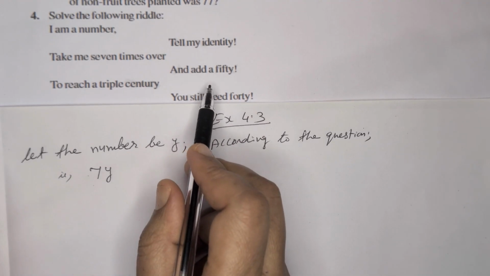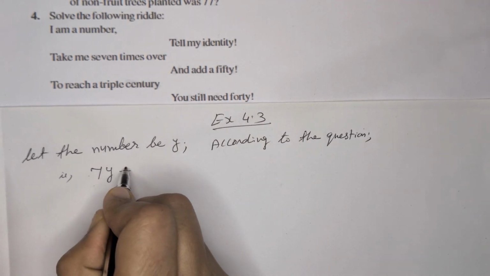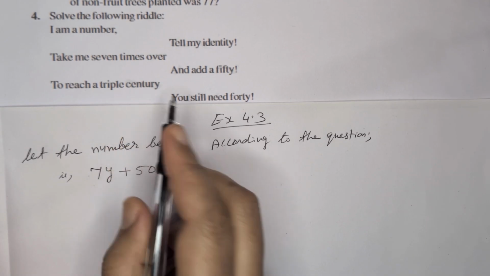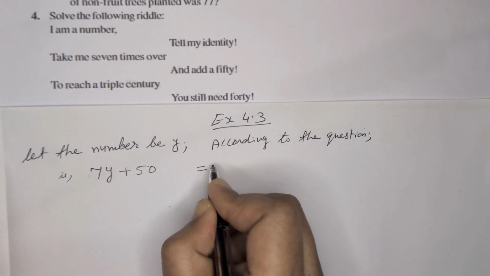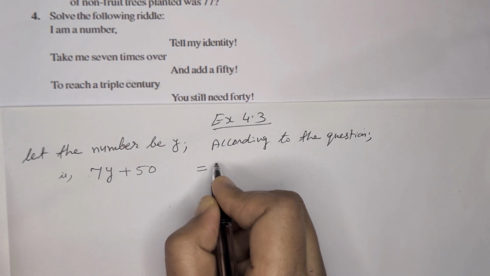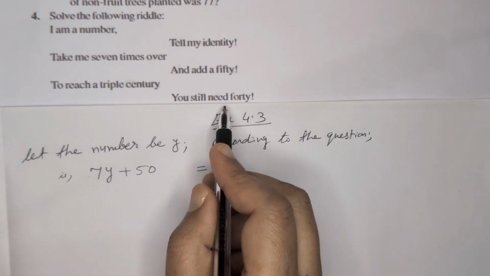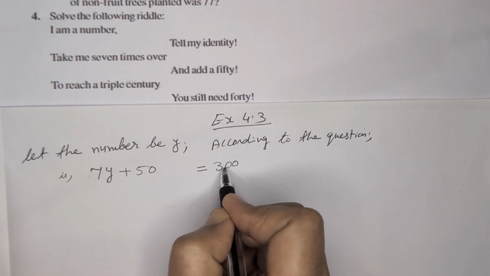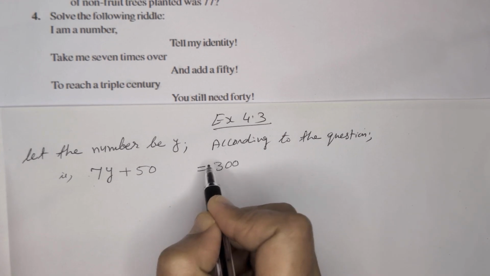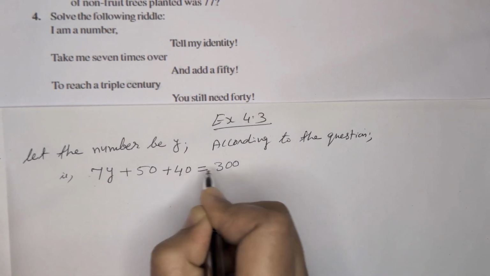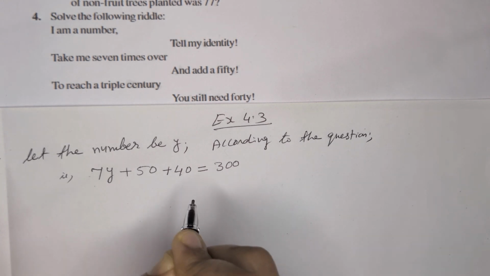Then add 50 plus 50 to reach a triple century. Triple century means century 100, triple means 3 into 100, 300. You still need 40. That means if we add 40 here, we will reach that 300.